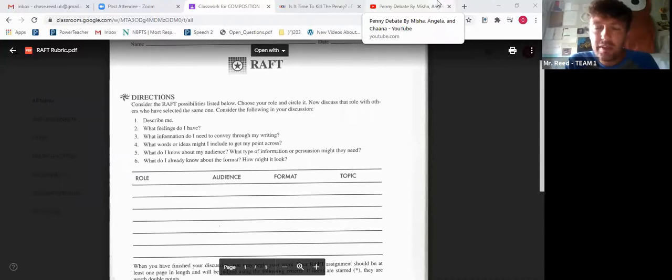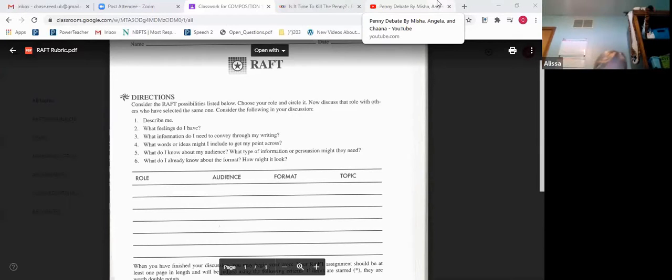So one more time, let's go through these options. Everybody is going through the role of the penny. You are a penny. You have some options in terms of your format. If you choose to write a letter, who is your audience for the letter? The Congress. Good.